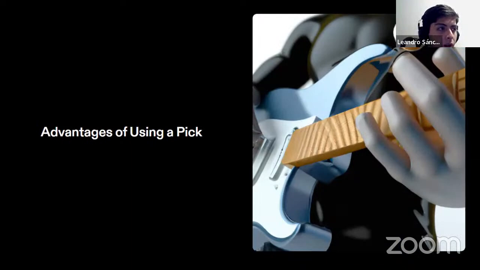Advantages of using a pick. Using a pick provides several benefits for guitarists.